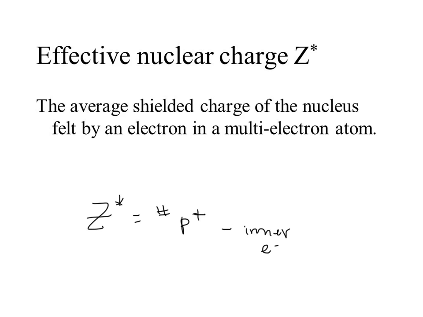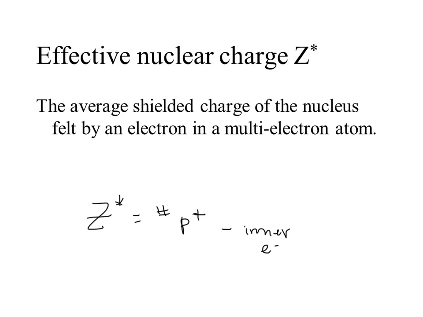So these are inner. Okay, these are valence electrons. Since they're so special, let's go ahead and make little pictures of them. I've got 5 valence electrons. Okay, so my effective nuclear charge is now 15 protons.